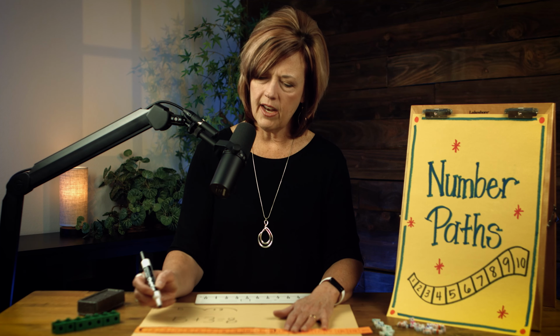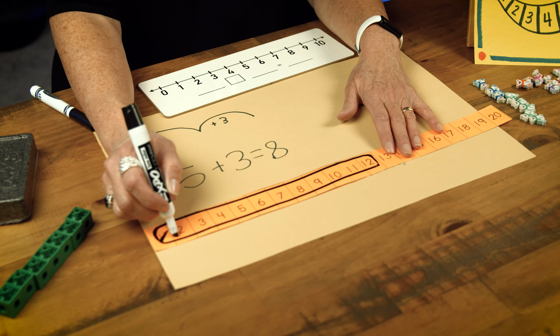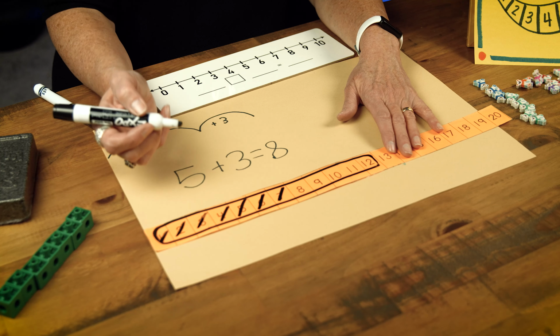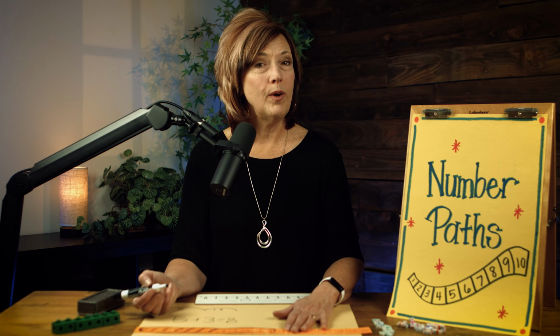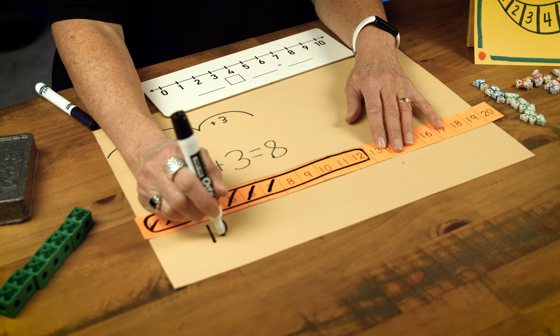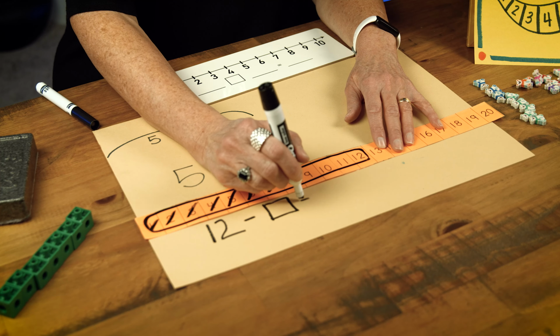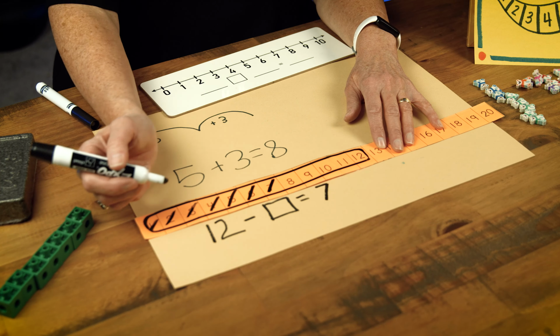Well, there's 7. I guess I can mark those out to help me figure out what part went swimming. How many went swimming? Well, like we were talking about and like we marked on the number path, there were 12. Some went swimming, and now there are 7.